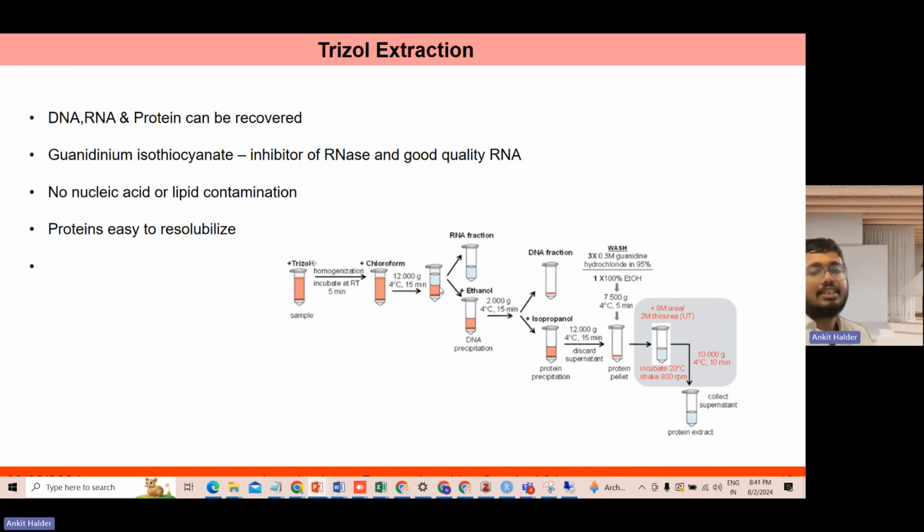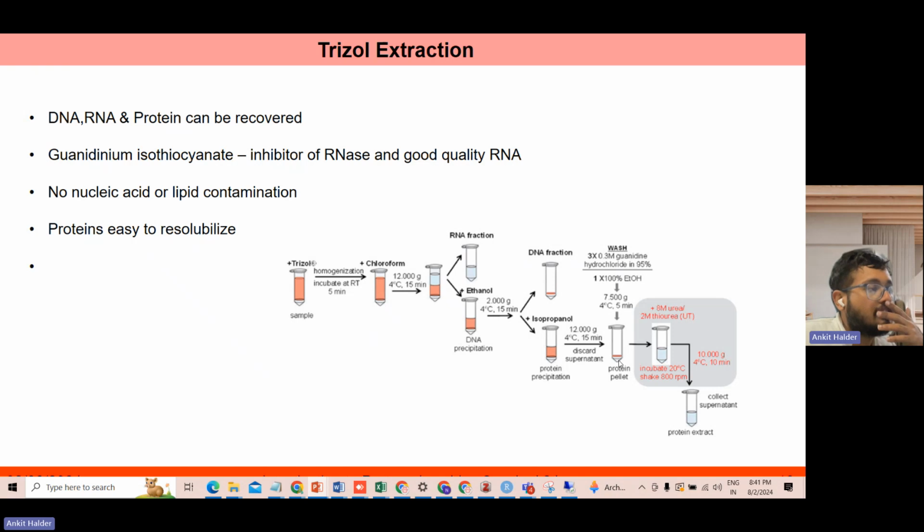So you take that upper layer into a tube which will contain the RNA fraction. Then you add ethanol and centrifuge at 2000 g, 4 degrees, 15 minutes. Then you add isopropanol, and again centrifuge at 2000 g, 4 degrees C, 15 minutes.